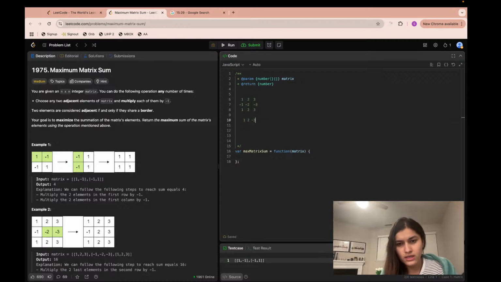So instead of making 1 and 2 positive, I can make -2 and 3 positive, so that the bigger elements are positive instead of the smaller number.